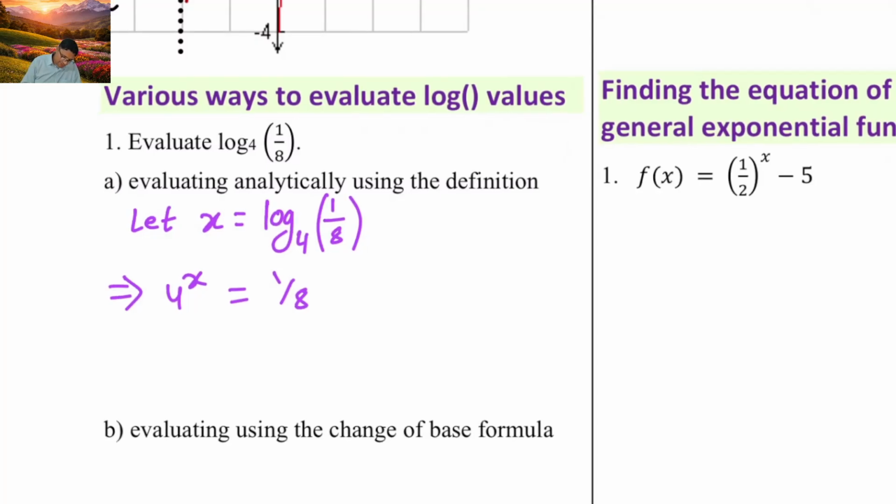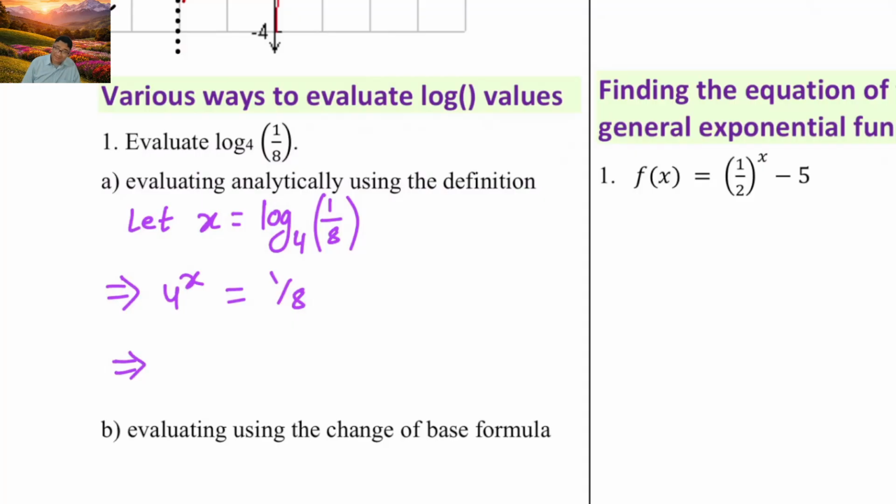And that immediately reminds me that in solving exponential equations, I can try to make the bases equal. 4 and 8, that reminds me, both are powers of 2. So you can write 2 to the 2x. And 1 over 8 is 1 over 2 cubed, which you can then write as 2 to the negative 3.